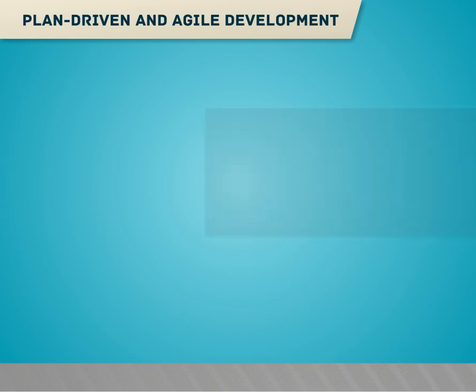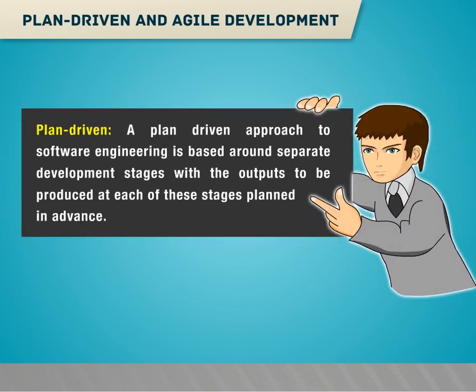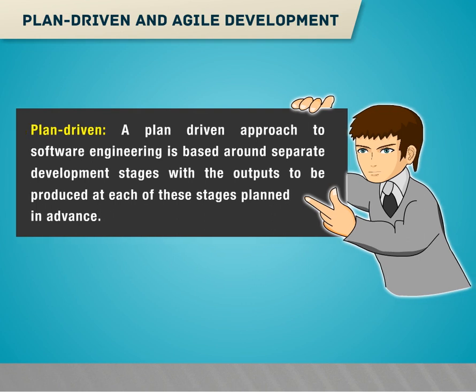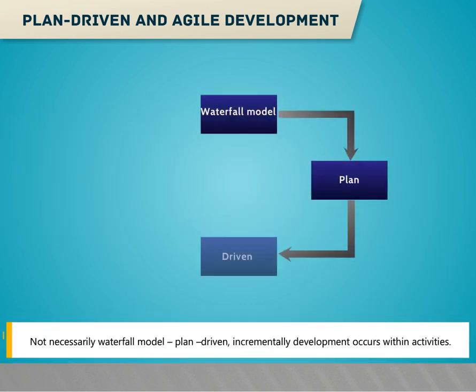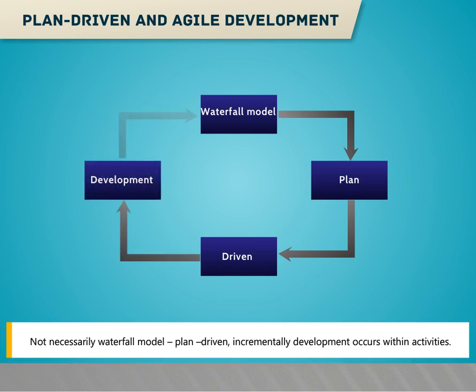Plan-driven and Agile development. Plan-driven: a plan-driven approach to software engineering is based around separate development stages with the outputs to be produced at each of these stages planned in advance. Not necessarily the waterfall model, plan-driven incremental development occurs within activities.